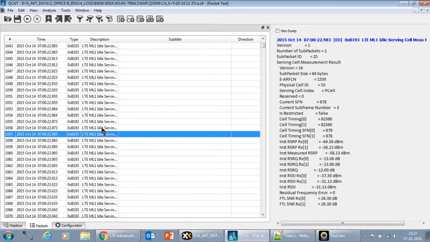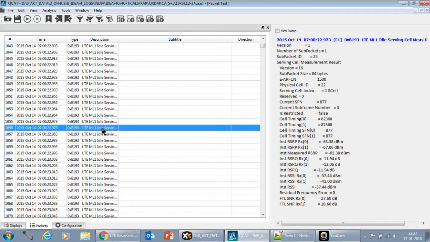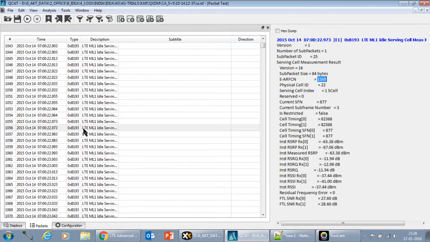So that's how two messages, two debugs are there, for both the frequencies. You can see one is for 1550, which was the P cell, and then for the SCell it was 1500.